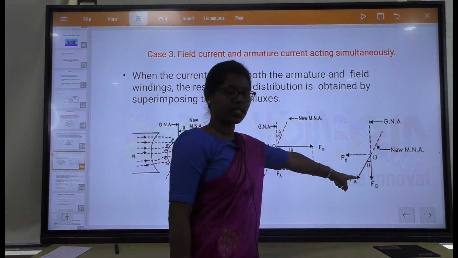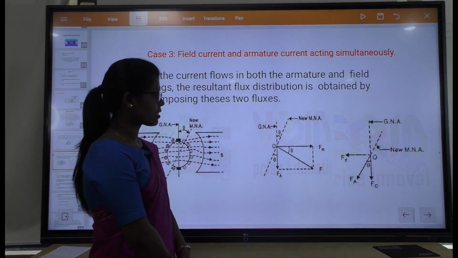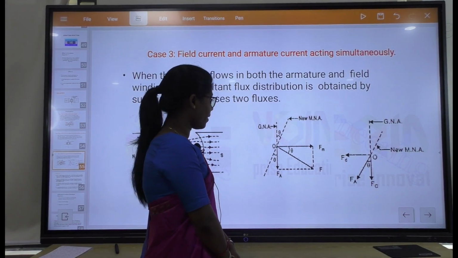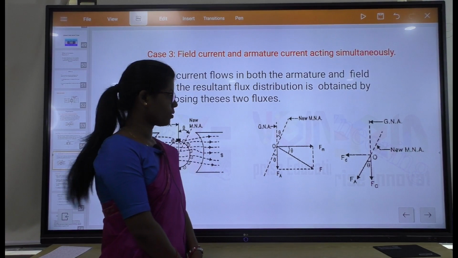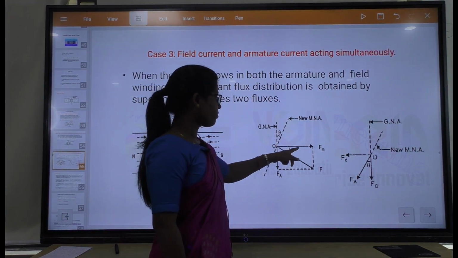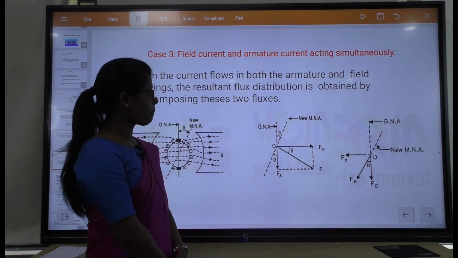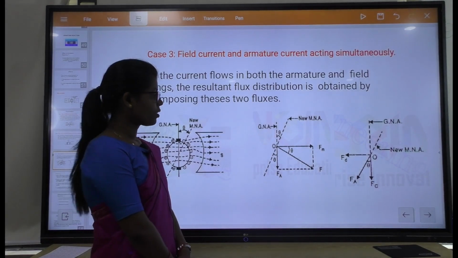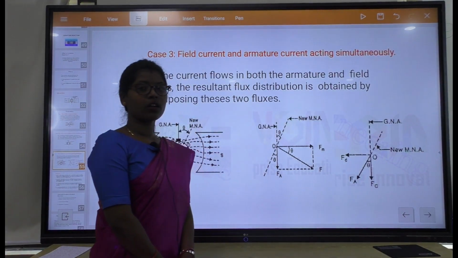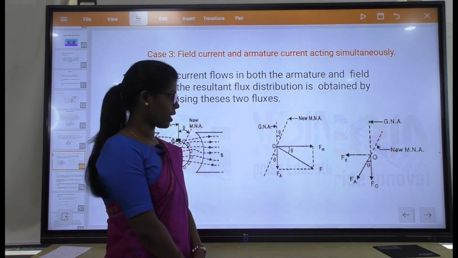The second component is FC, which is perpendicular to the MMF due to the field pole. So this distorts the main field flux. That's why it is called the distorting component or cross magnetizing component of armature reaction.